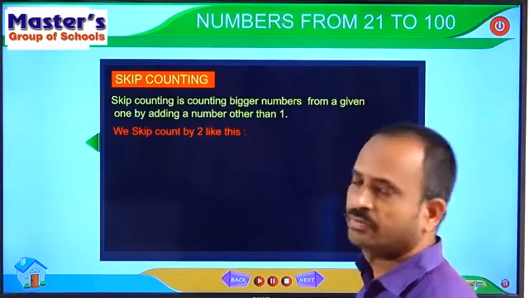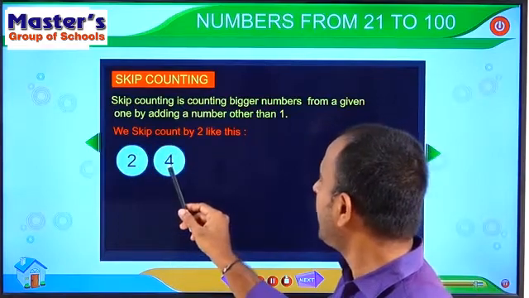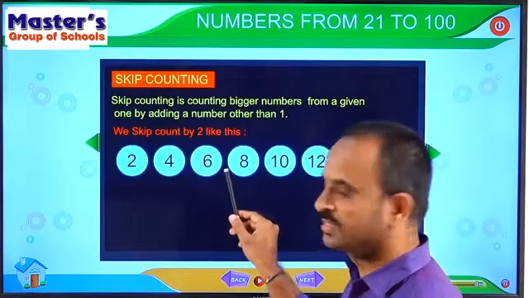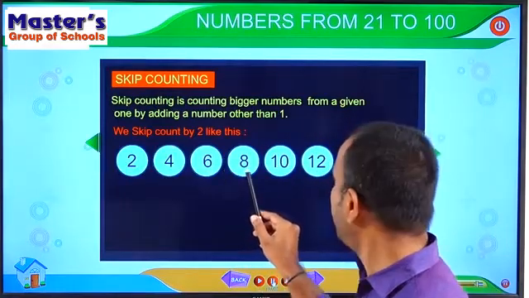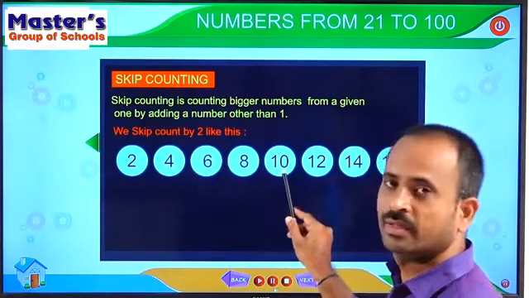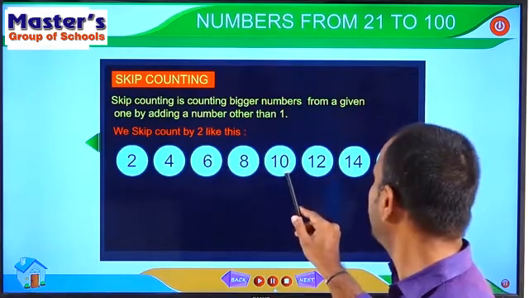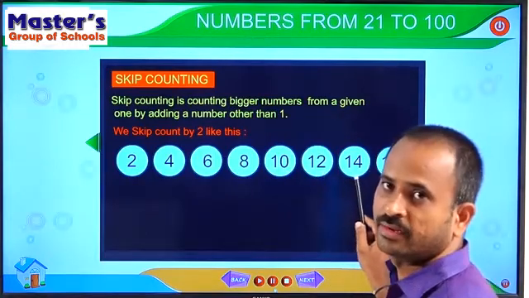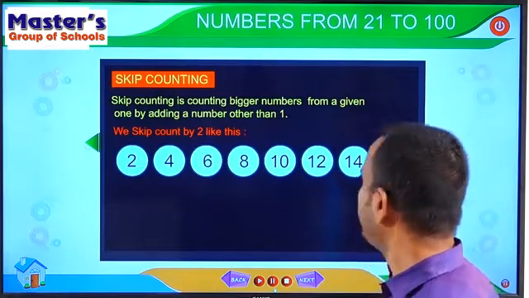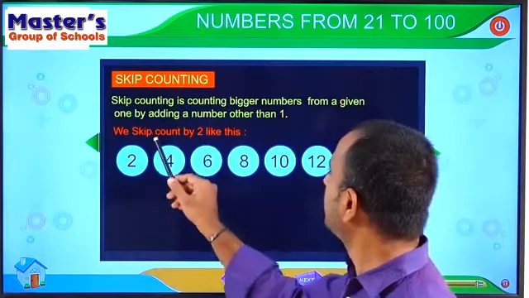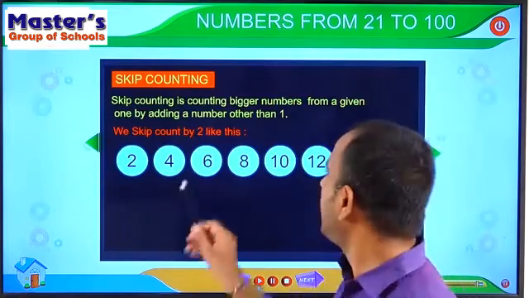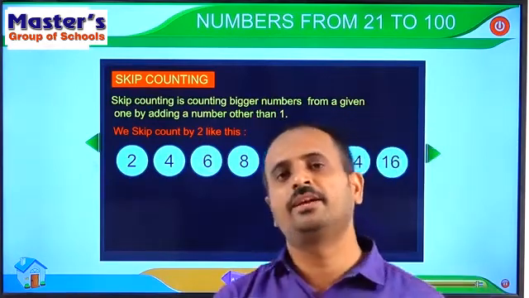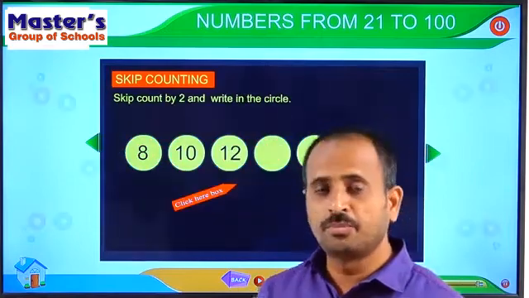We will get 4, and adding 2 to 4, we will get 6, and adding 2 to the 6, we will get 8, and adding 2 to the 8, we will get 10, and adding 2 to the 10, we will get 12, and adding 2 to the 12, we will get 14, and adding 2 to the 14, we will get 16. So this is called skip count by 2. That means we have to add 2 to each number, then we will get the next greater number.